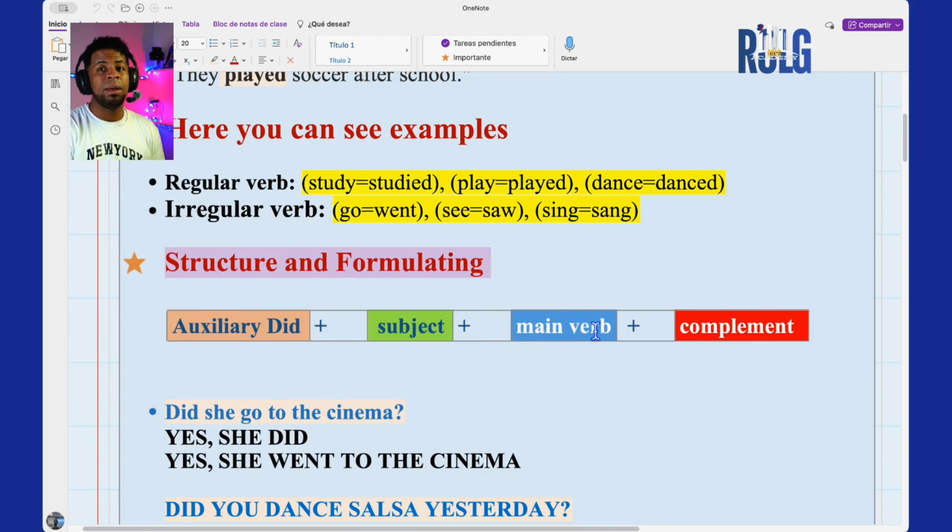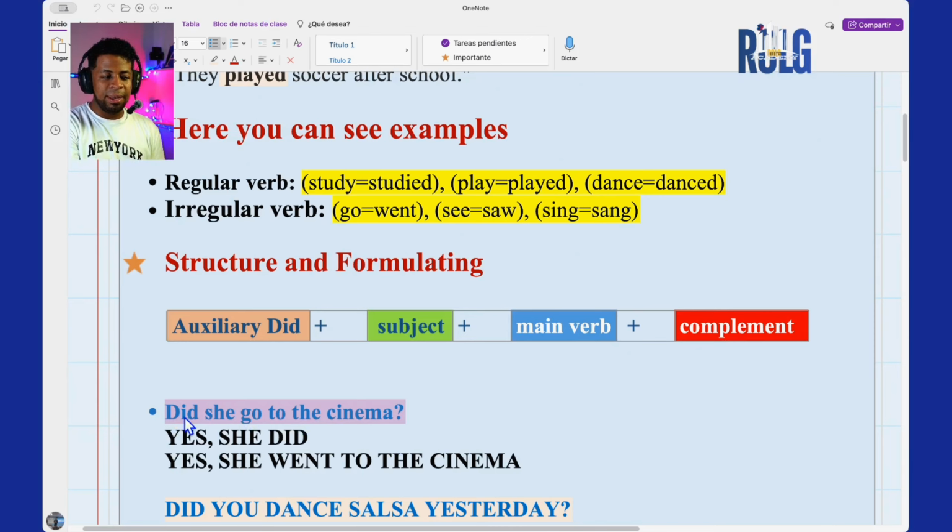This main verb must be in present. Yeah, in present. Probably you're wondering why, if we want to ask something that happened in the past. But this is the formula of the question. And then the complement. For example, did she go to the cinema? Did she go to the cinema?